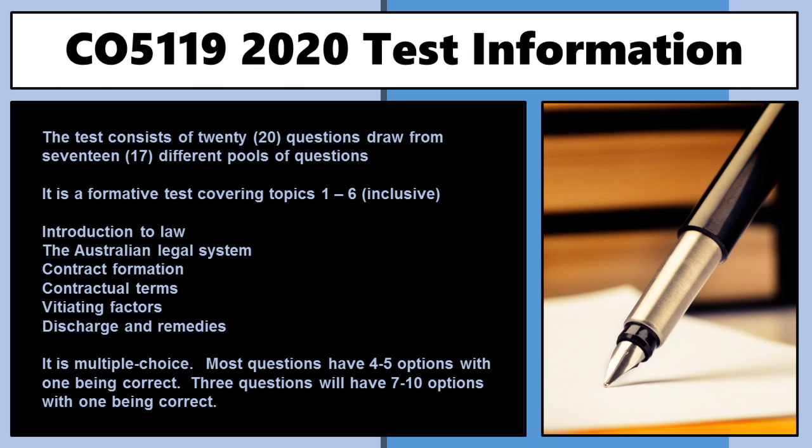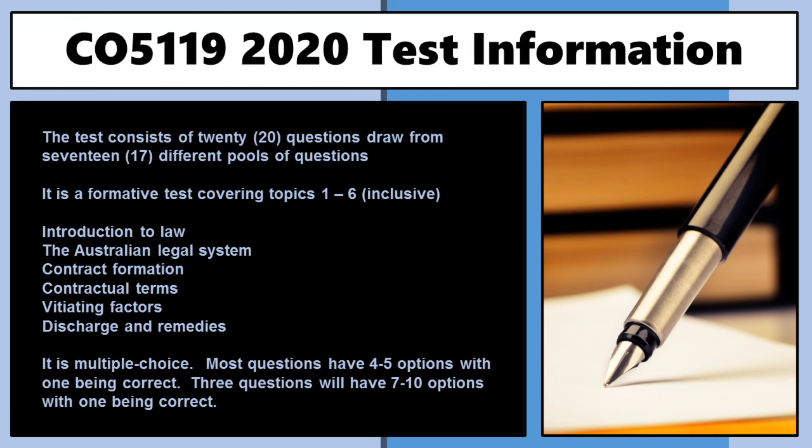The format of a lot of the questions, rather than just being a statement where you choose an answer, is usually a series of statements, and you'll have to determine which ones are correct about a particular legal rule or principle, and which ones are incorrect.